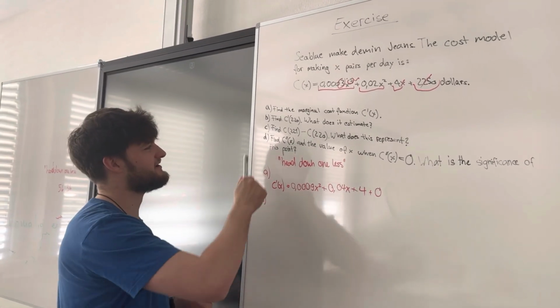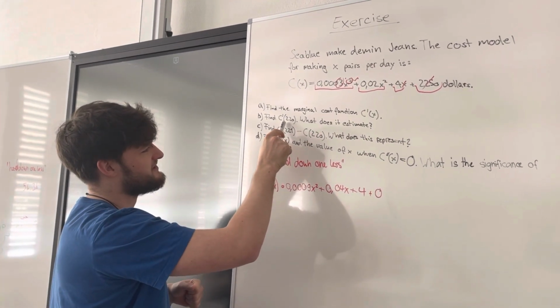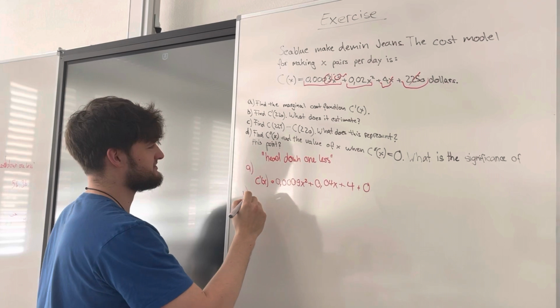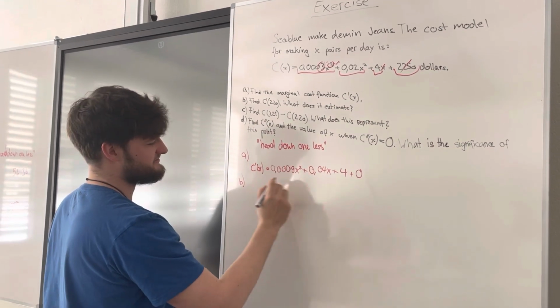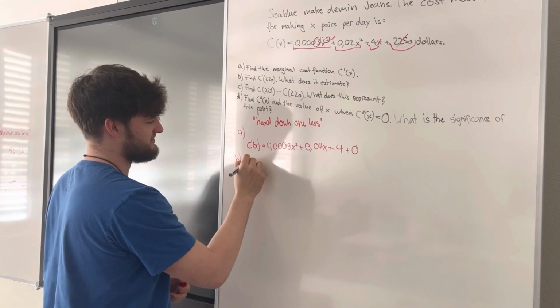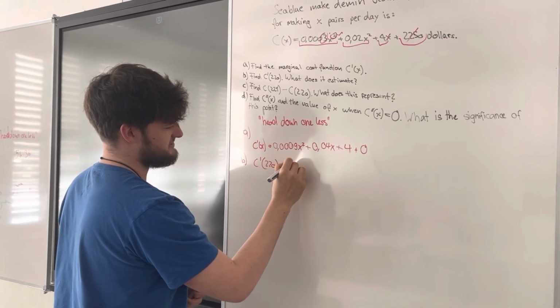So now we take exercise B. For this one we have the value for x is 220. So we just plug 220 for x in this function. That means that we have like this.